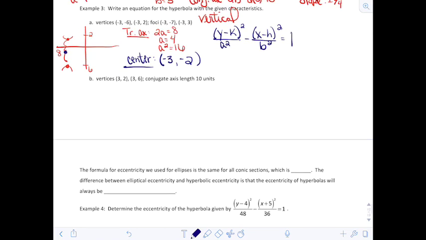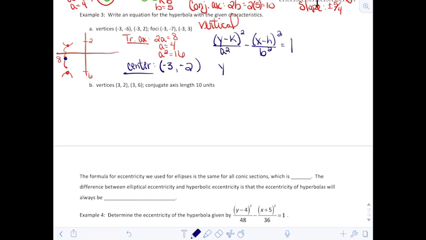I have y minus -2, which is y plus 2, and then my a squared of 16, minus x minus -3, which is x plus 3, all squared. I don't know b squared yet.